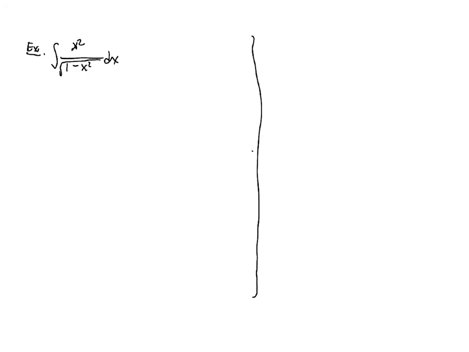A substitution might work, although it's not an obvious way that that would work, because if you used u equals 1 minus x squared, you would then have du equals minus 2x, which you would have to deal with the x squared in the numerator. And then maybe if you're jumping ahead, you think to yourself, okay, I've got that square root of 1 minus x squared in the bottom. Come on, we already played with those. Those are the trig substitutions.